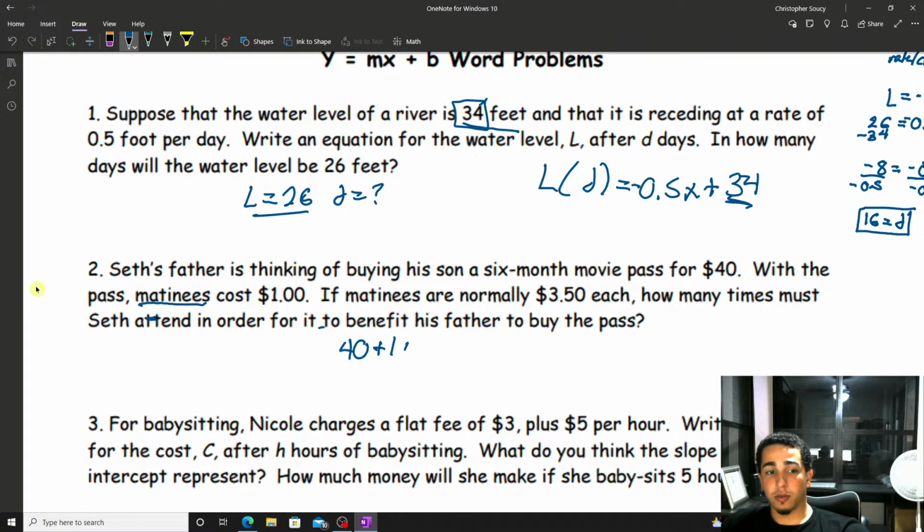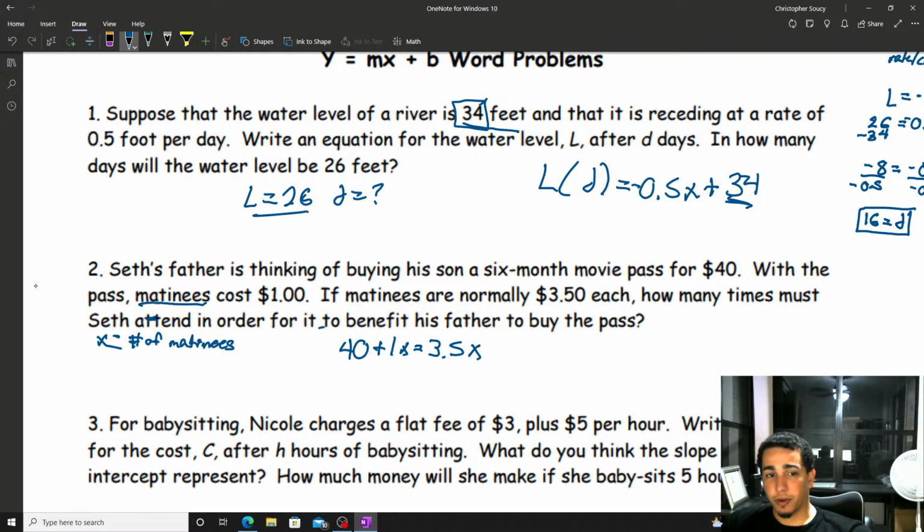So 1 times X, where X is the number of matinees that he buys. And what we need to do, since we're trying to find at what value of X the purchase would be worth it, we're going to set this equal to $3.50 times that same number.